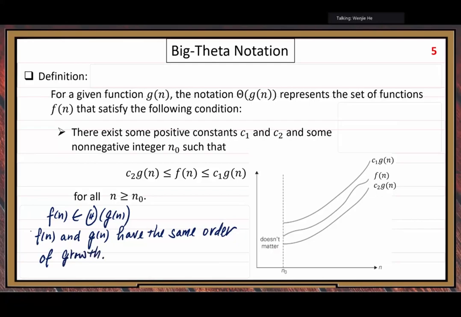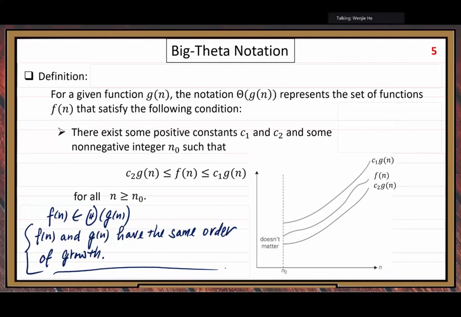Now let's understand this conclusion, this sentence. For the f function, C1 multiple of g function is the upper bound, and C2 multiple of g function is the lower bound.